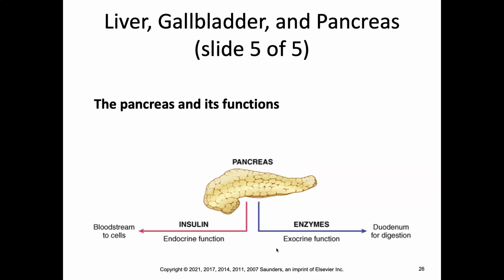The exocrine function that it does is it releases enzymes to the duodenum for digestion. So it's releasing these enzymes to the duodenum so that the digestion can occur. That's why your pancreas is so important as well. And people with pancreatic cancer do not last long.